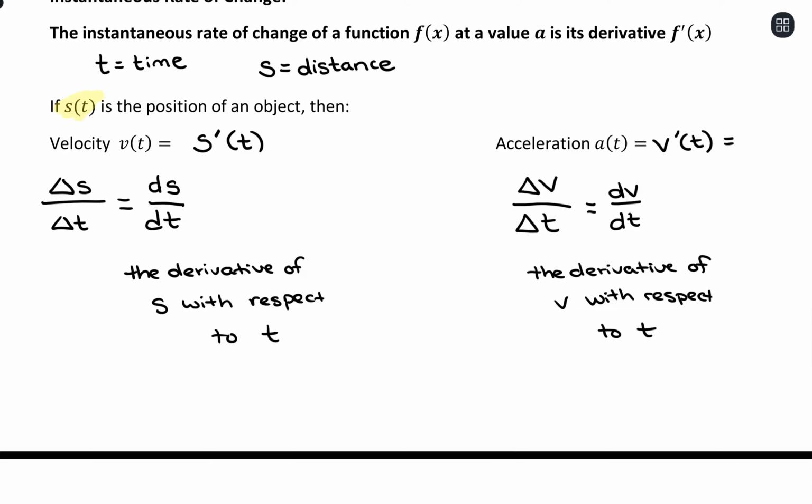And how we would write that is s double prime of t. And we'll talk about this notation more, but basically we have two apostrophes there to show that it is the second derivative. Again, more on that later. Just thought we'd put it in there now.